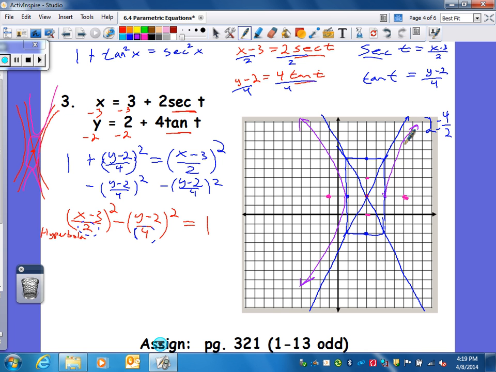Once again, our asymptotes were found by 4 over 2, and the other one is just the opposite slope, negative. So we go down 4 and over 2.